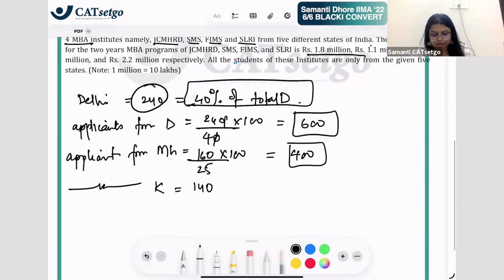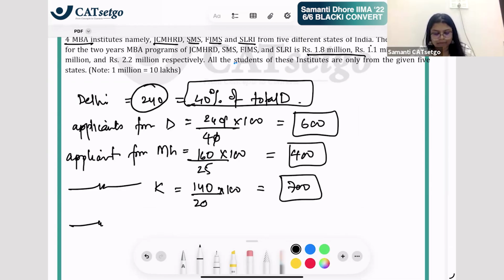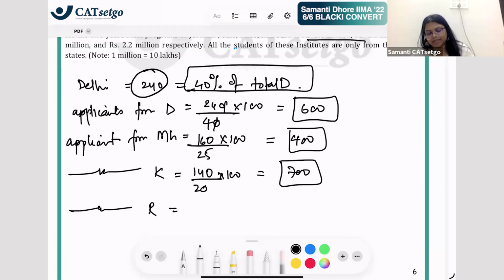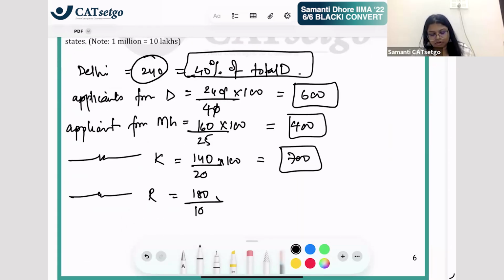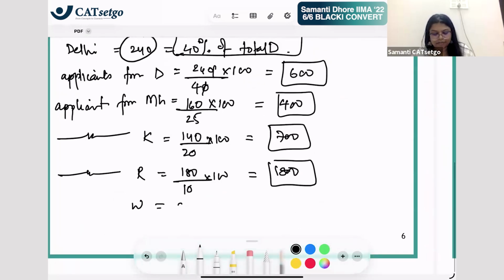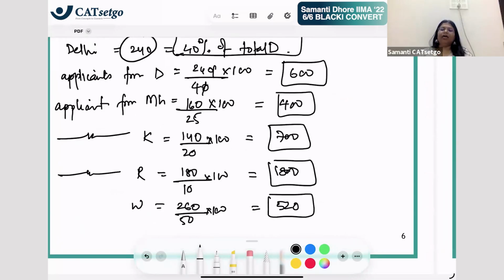Kerala is 140 divided by 20%, which is 700, right? Then applicant pool from next, Rajasthan. Rajasthan 10% got there. Meaning total 1800 people had applied, right? And last we have West Bengal. West Bengal had 50% people. So this is nothing but 520 people who had applied.